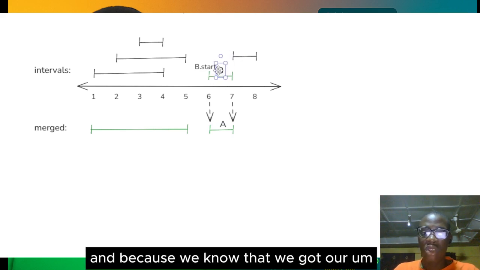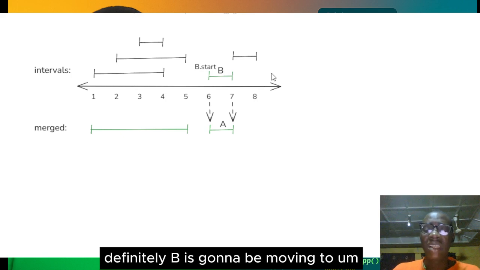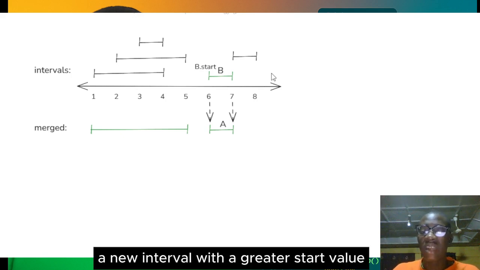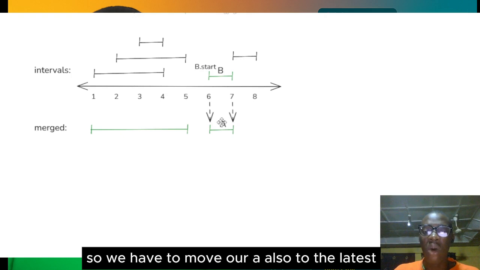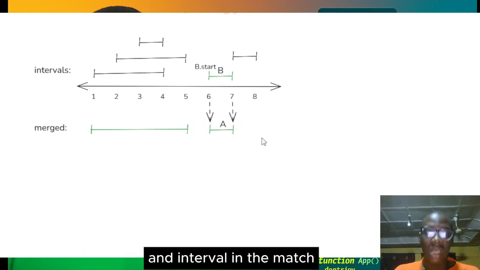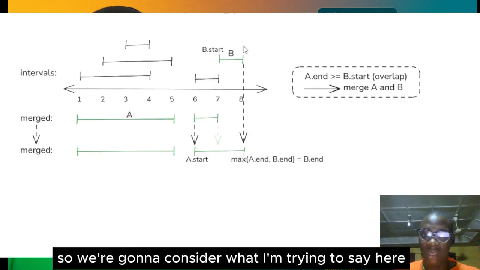Because we know the input array is sorted, b is definitely going to move to a new interval with a greater start value, because it's ascending in the input array. So we have to move our a also to the latest interval in the merge list, so that it can work out well.